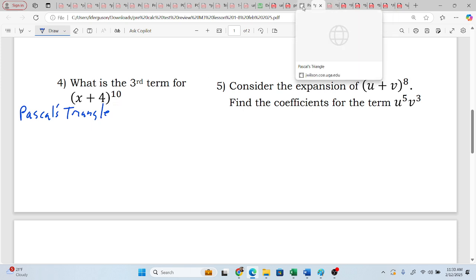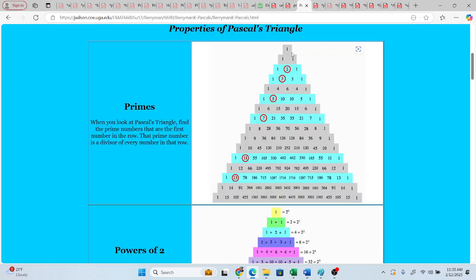So if we go to Pascal's triangle and we think about row 10, remember we start at 0 and go to 10. So row 10 right there, what's the third term? 45. Now, I also want to make sure you understand that this row starts from 0 as well.